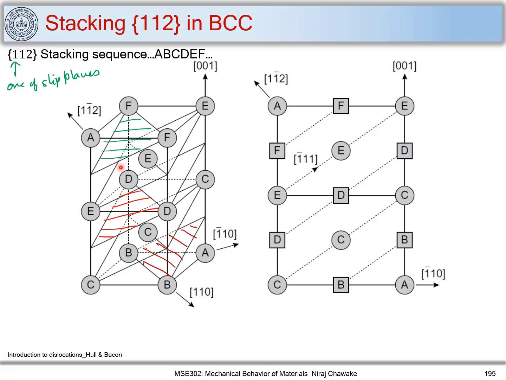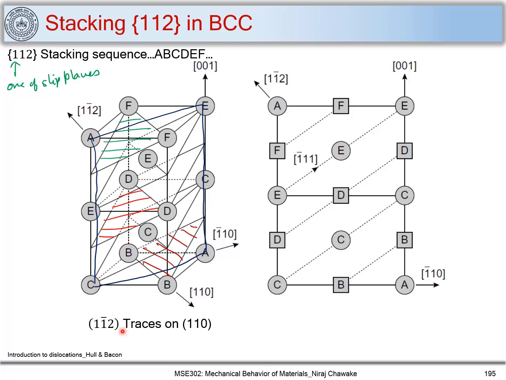Now let's look at the trace of this 1 bar 12 on 110. What do I mean by trace? Let us mark that 110 plane. So you have this 110 plane which I am marking over here, and these are 110 type of planes.